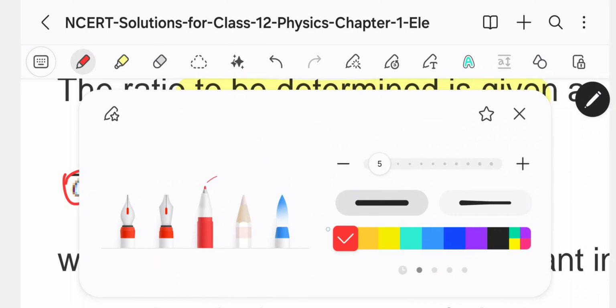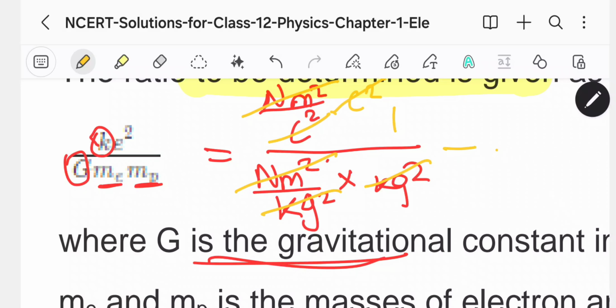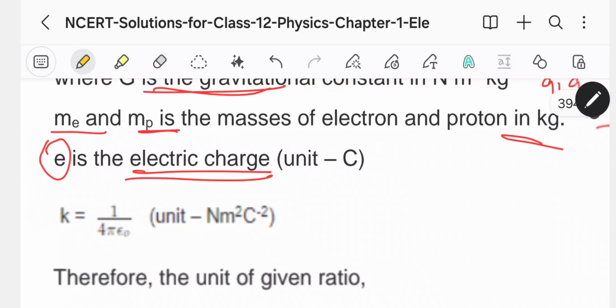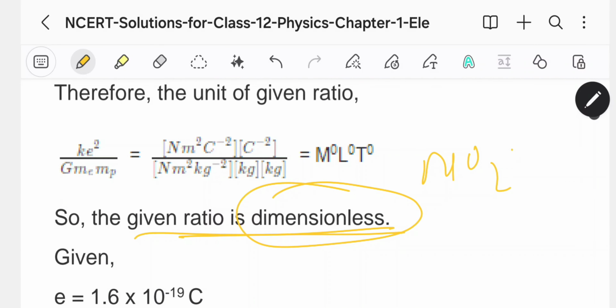Now you can see that this Newton meter square cancels, and what else can be cancelled? Yeah, so this C square is over here, Coulomb square is over here, right? So Coulomb square cancels, so this will be 1. And then we can see kg square cancels, so that means it is dimensionless. I mean, it has no units, right? No units. So the given ratio is dimensionless, that is M0 L0 T0.